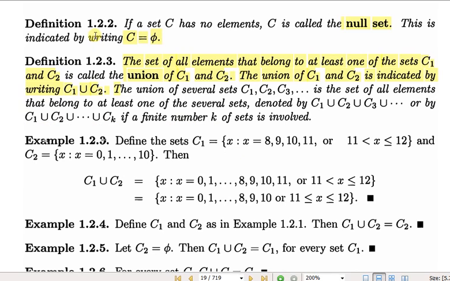Now definition 1.2.2. If a set C has no element, C is called the null set. We denote it like this, writing C equals the null set. It is the symbol of the null set.